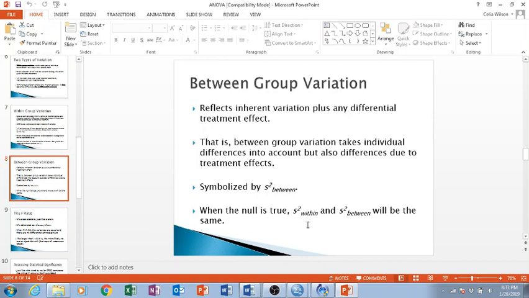So when the null is true, that variability within, so looking at each group independently and how variable people are on, say, self-efficacy, comparing that amount of variability with the amount of variability we have between our three groups, when the null is true, there will be no comparison. There'll be no differences. They'll be the same. Okay?